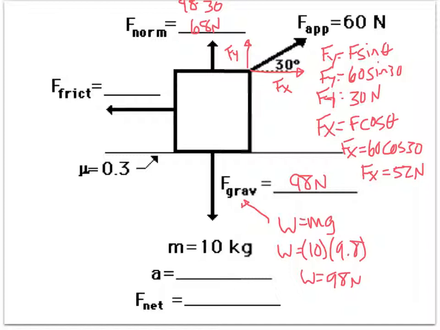Now, I did give you the coefficient of friction, which we haven't gotten into yet. We'll talk more about this in the meeting on Wednesday. But just to show you how it's done, the coefficient of friction is the ratio between the friction force and the normal force. So it's really kind of the ratio between how much friction there is and how much these two objects are being compressed together. The harder you push two things together, the more friction there is.